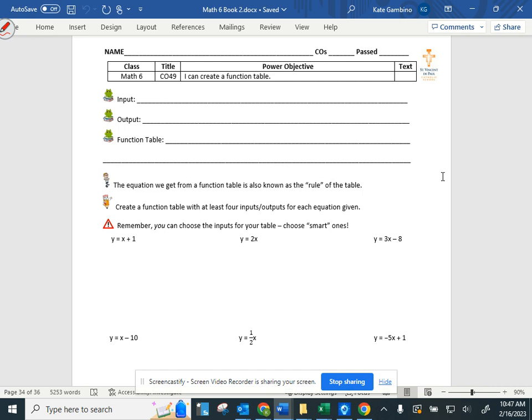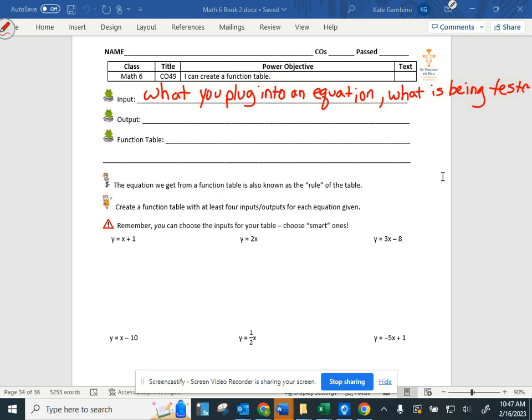The first part is the input, what you plug into an equation. We could say that is what is being tested. So the input is what you're putting in, what you're testing.